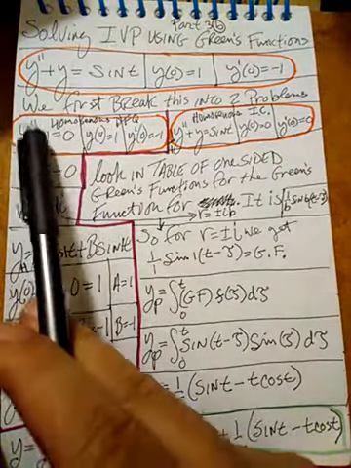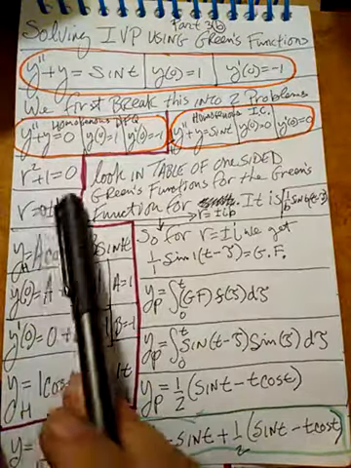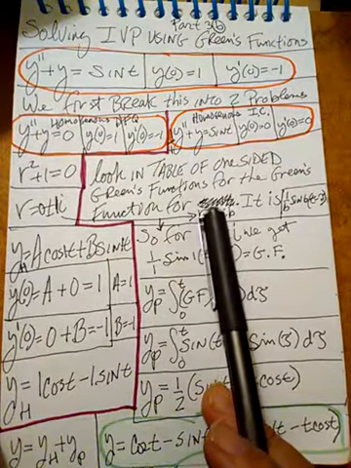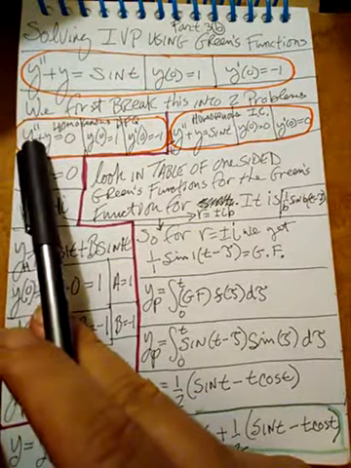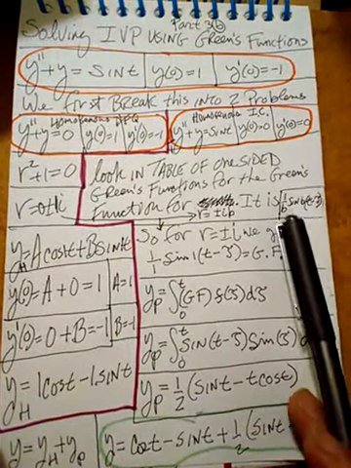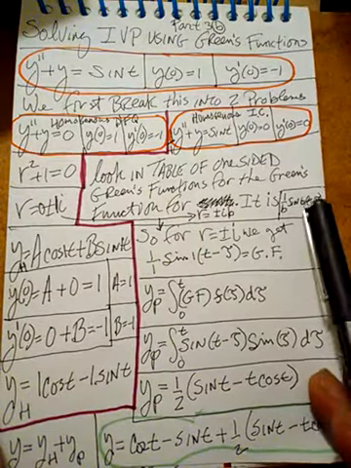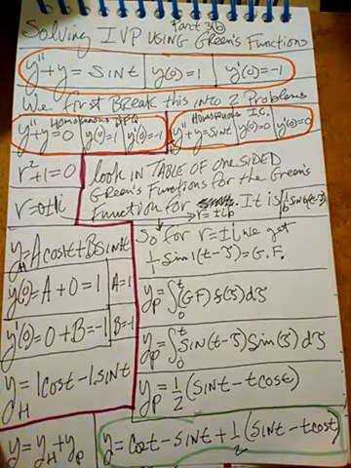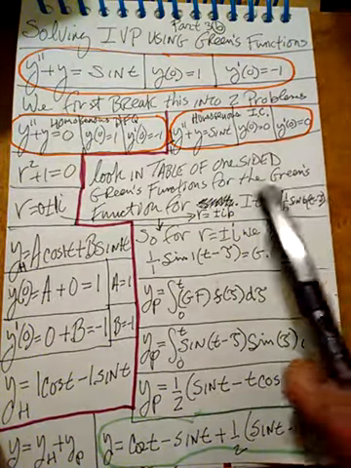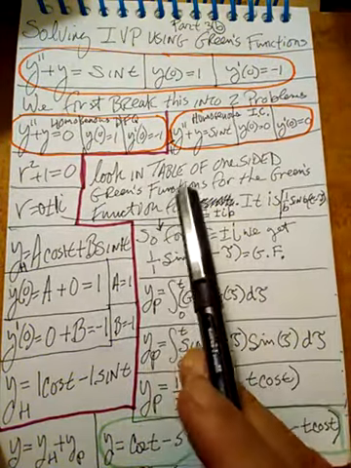For this homogeneous differential equation, or this root, the Green's function is 1 over b times the sine of b(t minus tau). So we find this in a table of one-sided Green's functions.